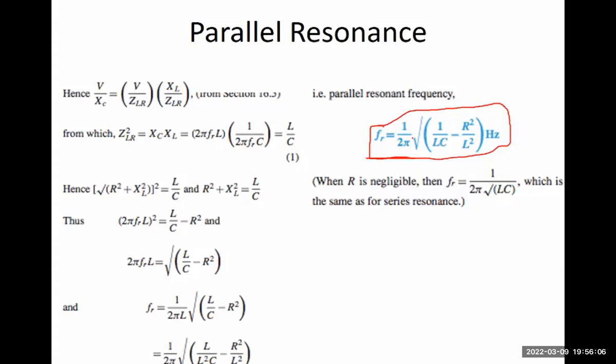We have 1 all over 2 pi multiplied by the square root of 1 all over LC minus R square over L square. And it is again measured in hertz.